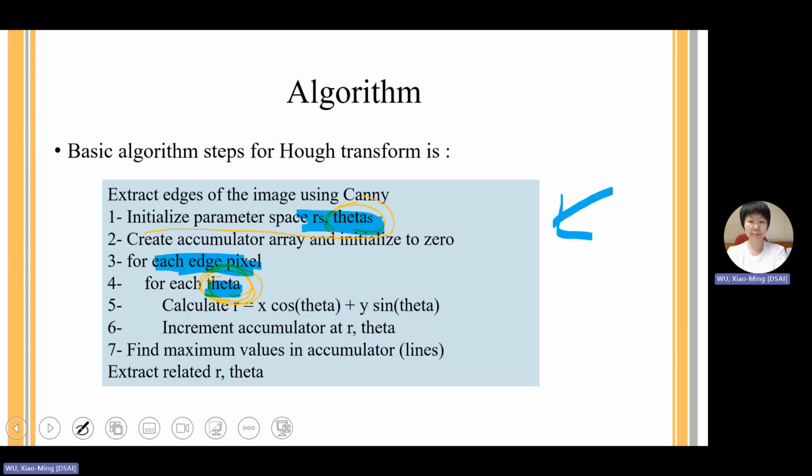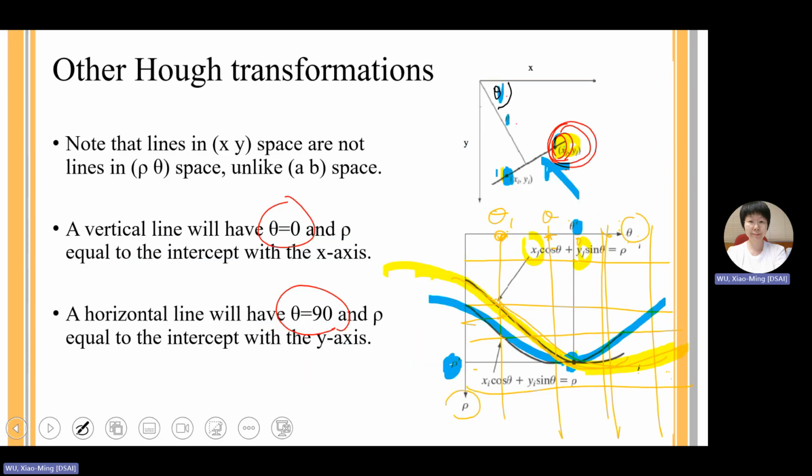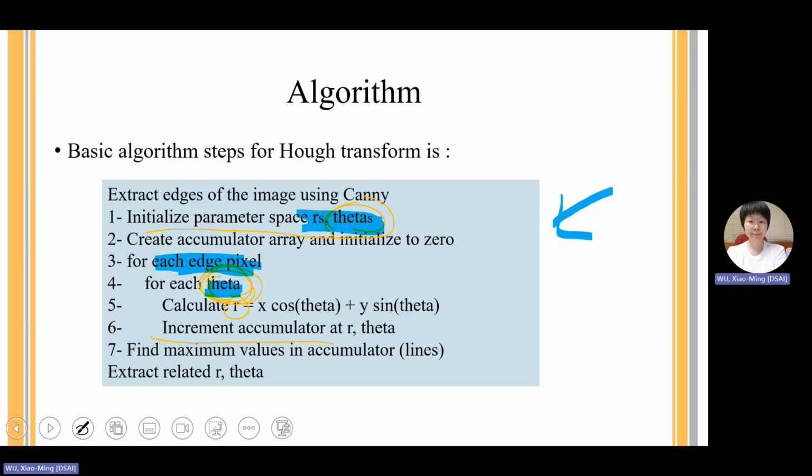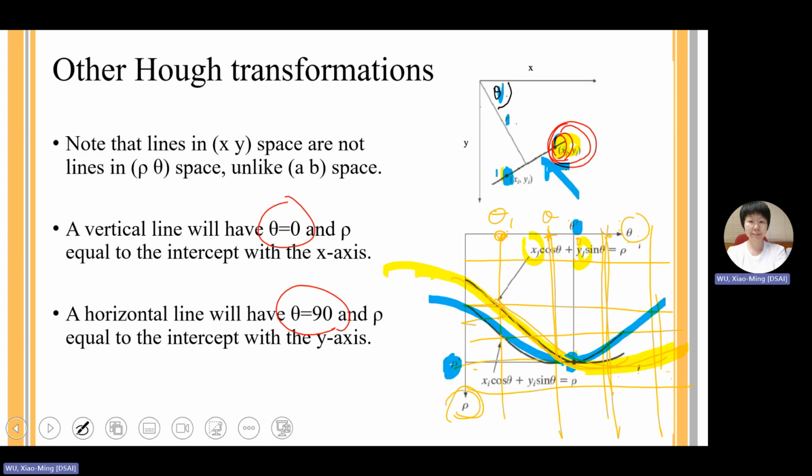For each theta, we calculate this rho, and then we increase the corresponding rho theta cell. That's how we made the computation more efficient. Instead of calculating the intersection of any two curves, we calculate for each curve.